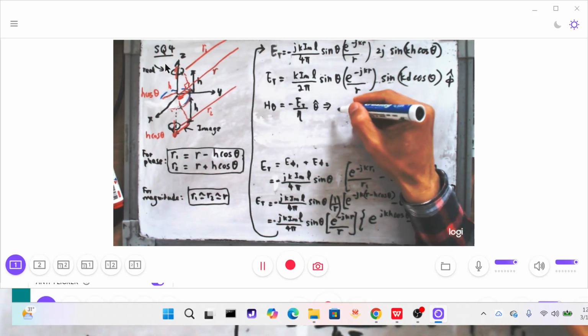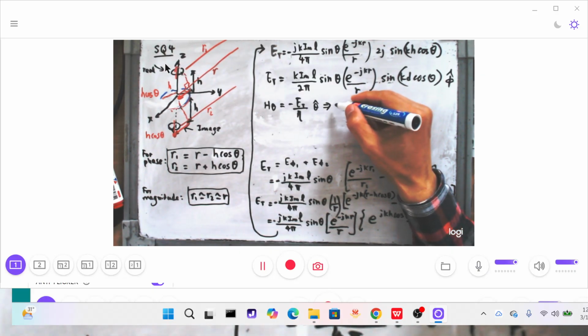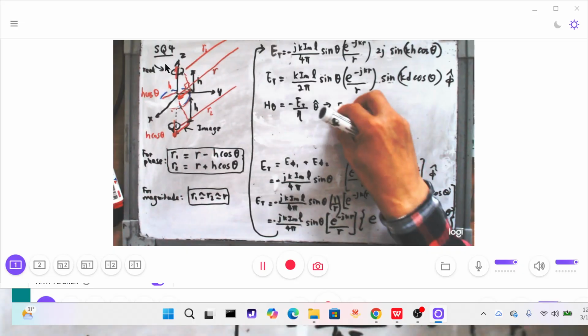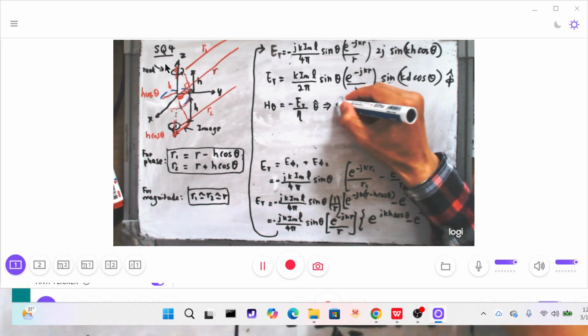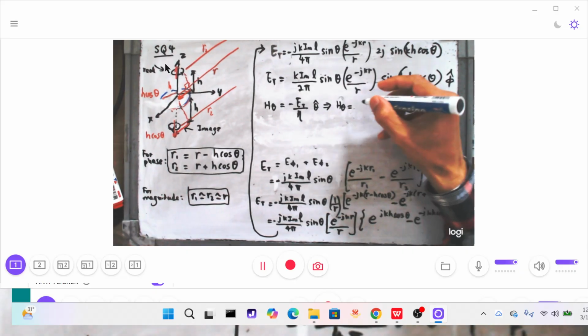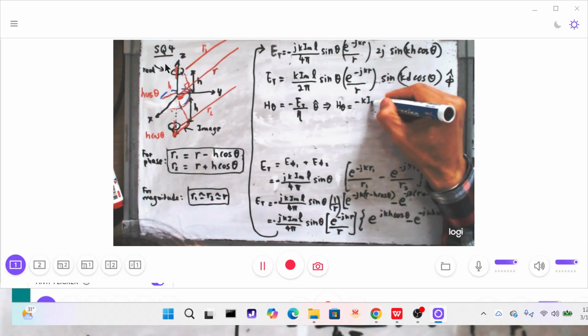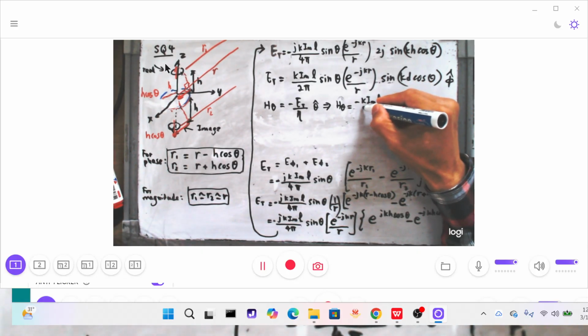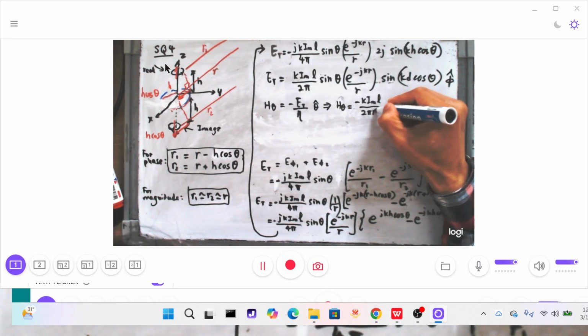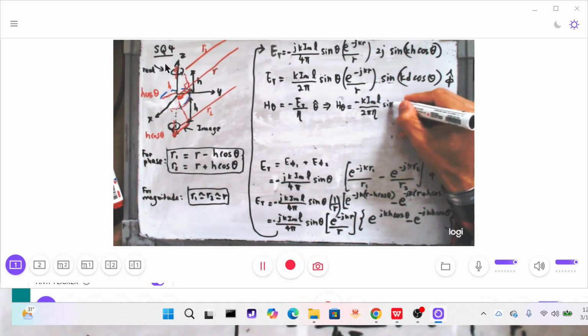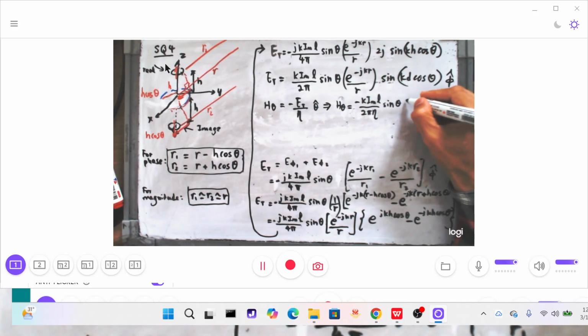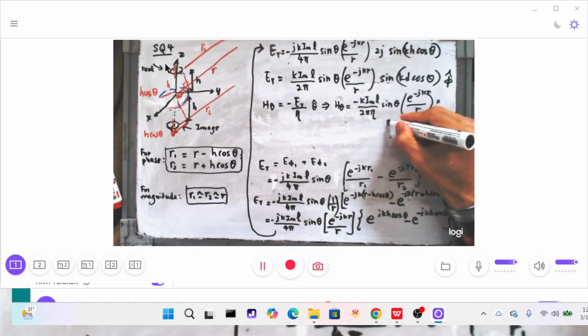So this means E, sorry, E theta is equal to a I m l, 2 pi delta, and so on.